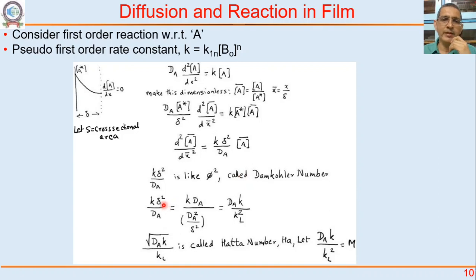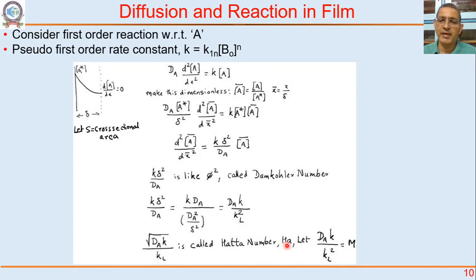Another way of writing it: I can multiply and divide by dA, and write it as dA K by diffusivity by delta. That's like mass transfer coefficient in the liquid side. That's easy for us to visualize. So it becomes dA K by KL square, and square root dA K by KL we call as Hatta number.